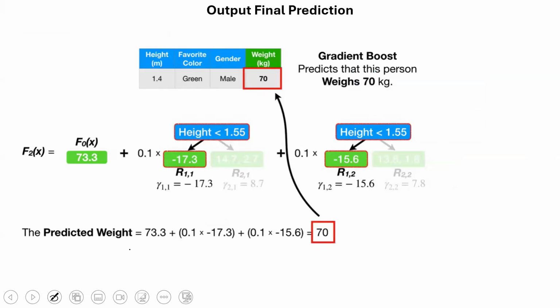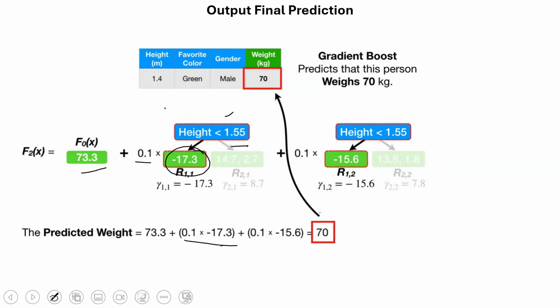So this is how we made the final prediction, which is a continuous value. Given this sample, we add 73.3, and if you take this particular first tree, height is less than 1.55, which is true. So the residual will be 17.3, and that becomes learning rate times the residual made by the first tree.